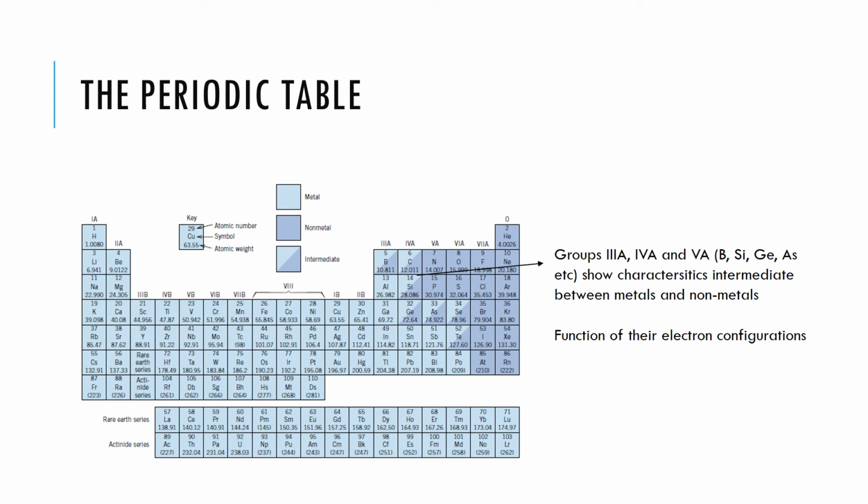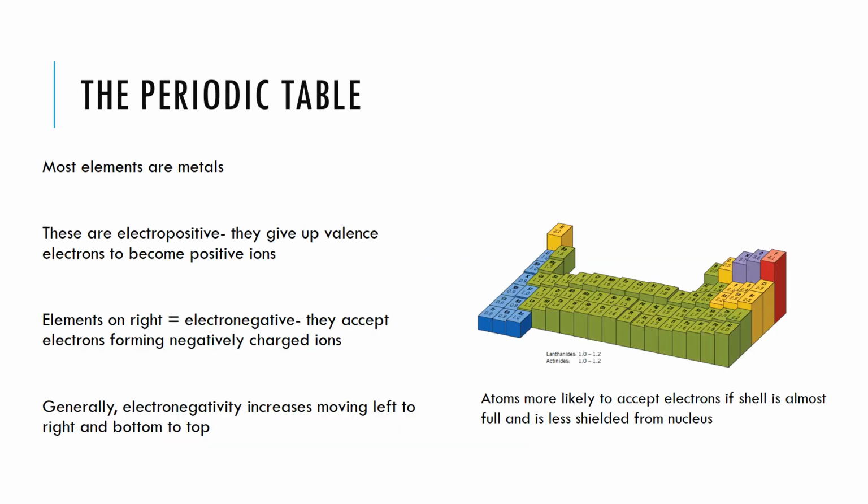Now, if you look at, again, this notation here, group 3A through to group 5A, or group 3 through to group 5, these elements show characteristics that are intermediate between metals and non-metals. And again, that's a function of their electron configurations. Now, most of the elements in the periodic table are indeed metals.